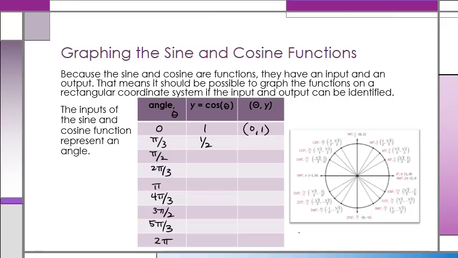That is 1/2, and so pi over 3, 1/2 is another point. Up at pi over 2, which is like 90 degrees, my cosine is 0. For 2 pi over 3, I am at negative 1/2.